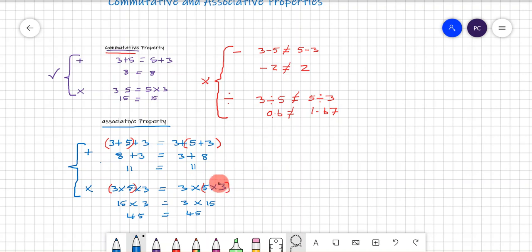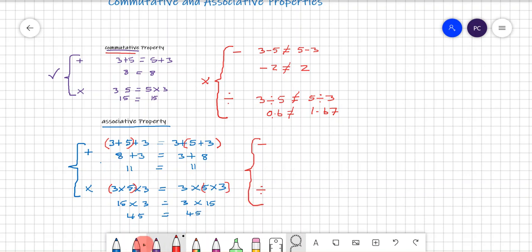And likewise, if I was to do the same then with, let's say, subtraction and division. Okay, so I carry out the same kind of operation, or operations should I say.